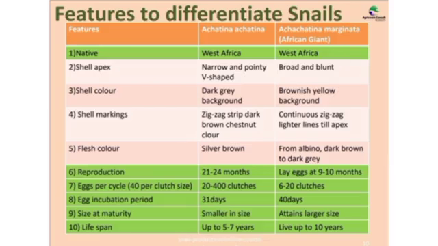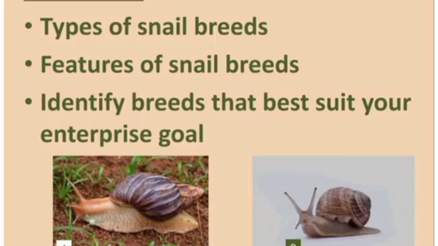But if you want a larger snail, or a longer lifespan, larger snail size attained, you go for Achatina marginata. So depending on your enterprise goal, that is what will determine which breed of snail you are going to raise.